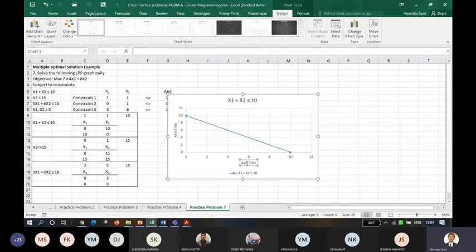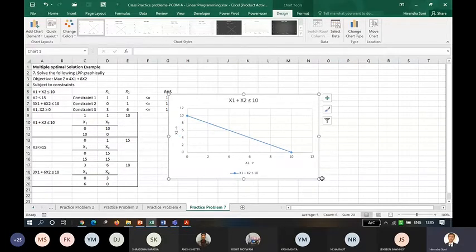So this becomes my x1, and this shows x2. Fine.